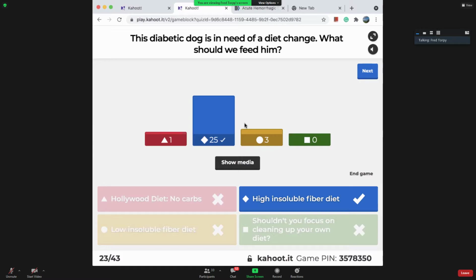We don't want very digestible carbohydrates that they can pull a lot of glucose from. And we want high insoluble fiber because it speeds up our gut transit time. It makes food go through the GI tract faster, and there's less time for microbes to break it apart and free up glucose to be absorbed. So it makes for steadier, smoother, less glucose being absorbed.